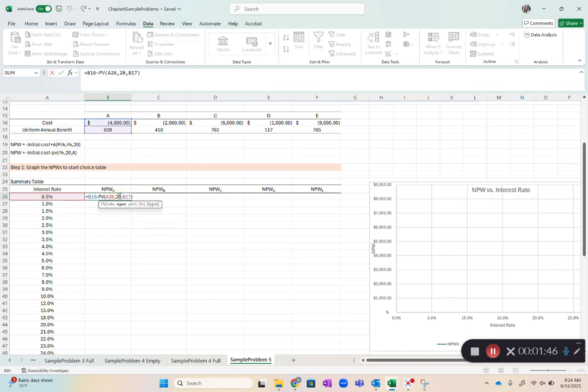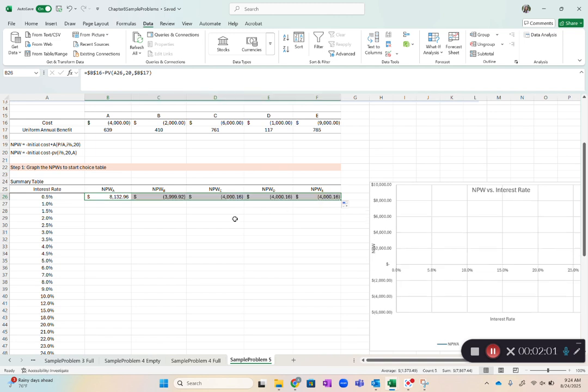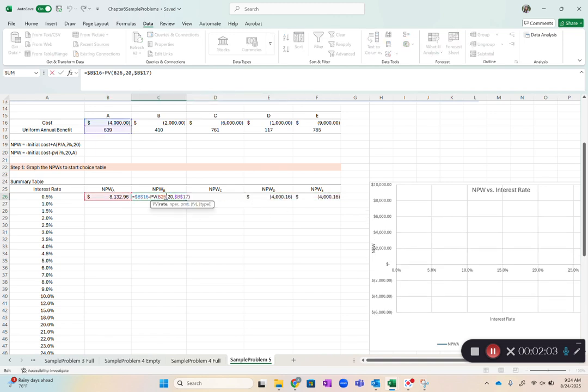Okay, so now I'm going to lock my cost of each of these. And just drag it over. Oh, that didn't work very well. What happened? That looks fine. I just have to change my references.